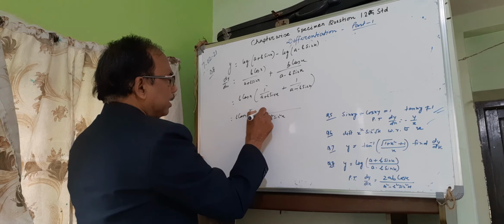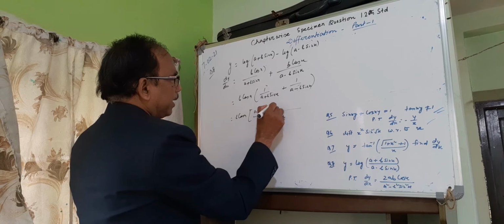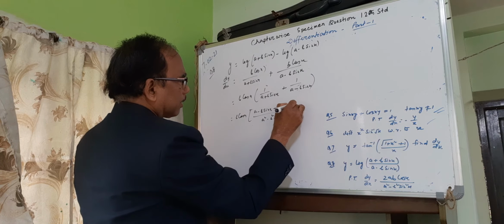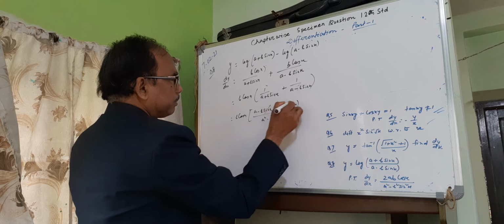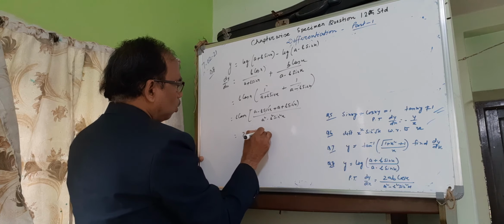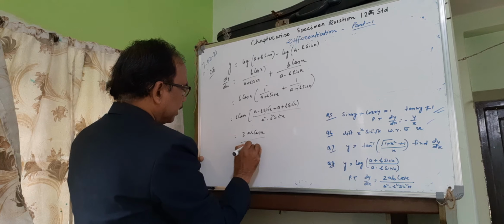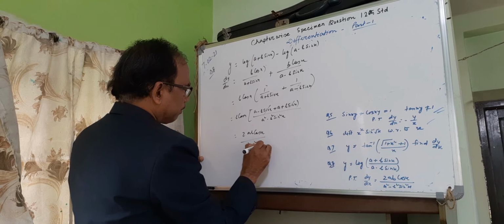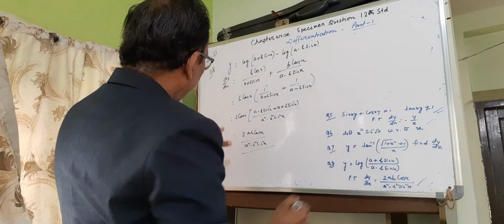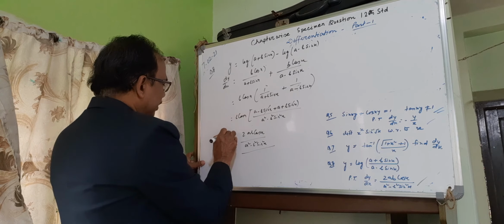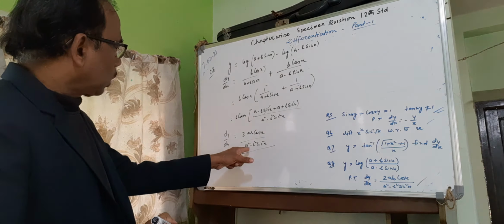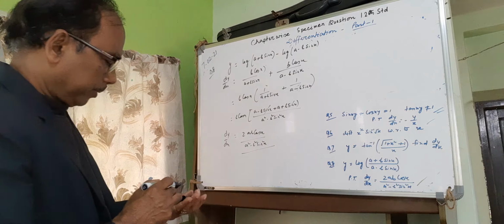Then a minus b sin x plus a plus b sin x, b sin x is cancelled. That is 2ab cos x by a square minus b square sin square x, and this is dy/dx, which we had to prove.